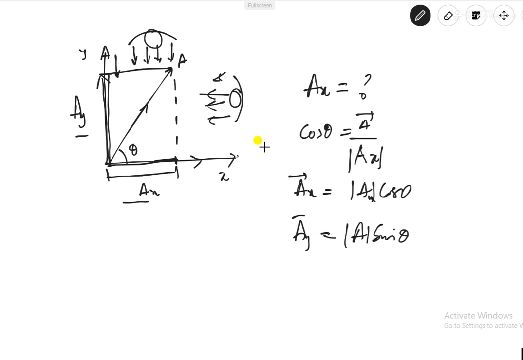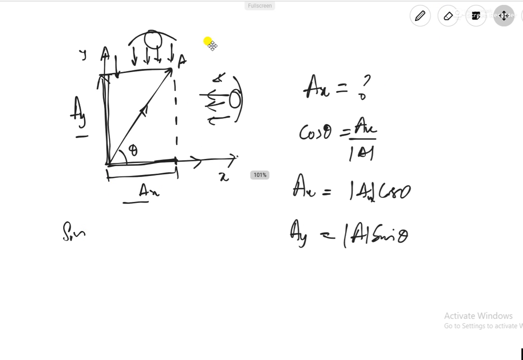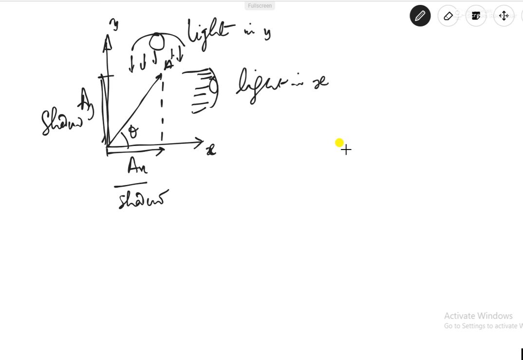So I think you understand this topic. Here the vector A is making an angle theta, so we got the components in terms of theta. I want to explain it again for sin theta also. Here we are projecting a light in the y direction so that we get the shadow of this vector on x.